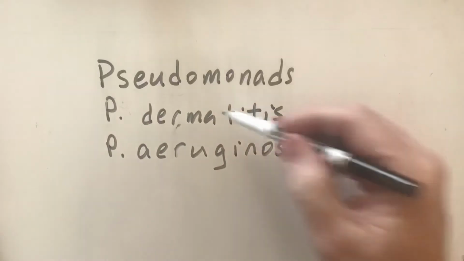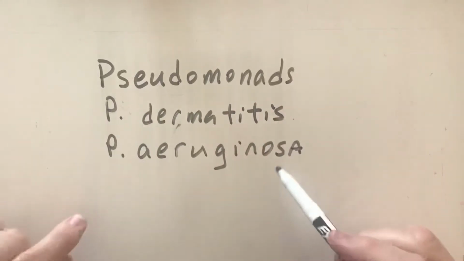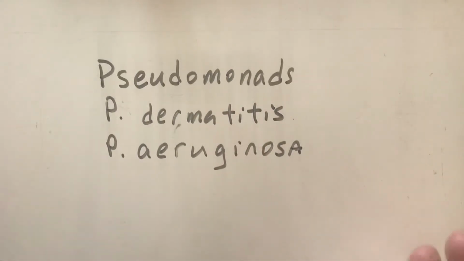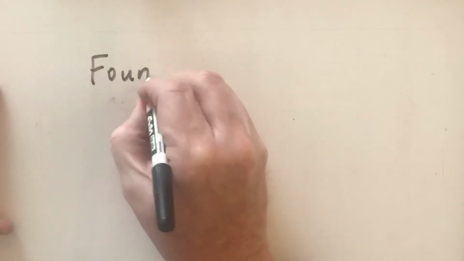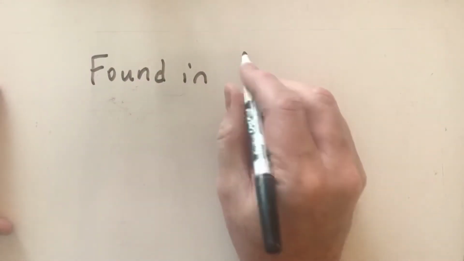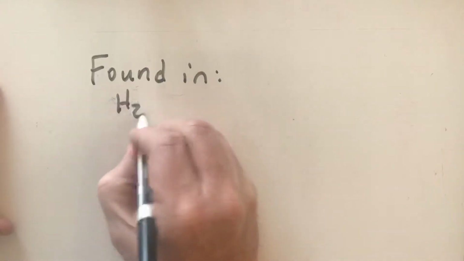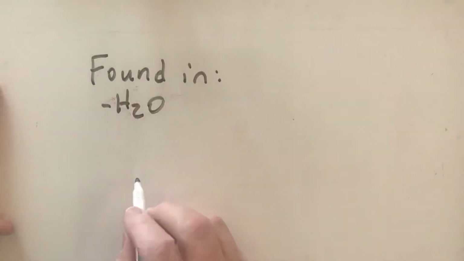Okay, but before we start talking about these, we're going to talk about what they both have in common, and then we'll talk about them as individuals. So in the Pseudomonas, they are both found in water. They're also found in soil.